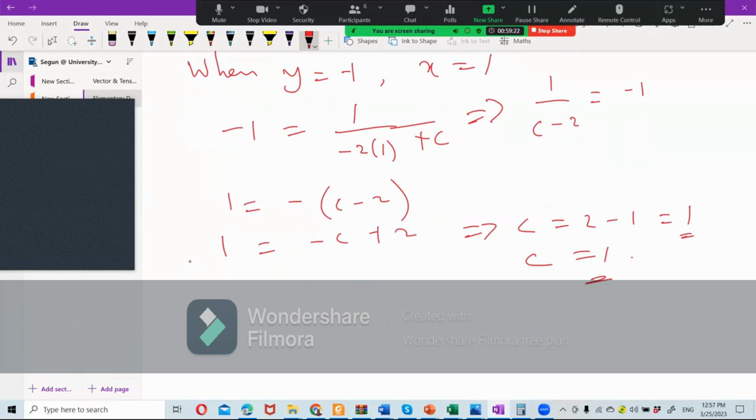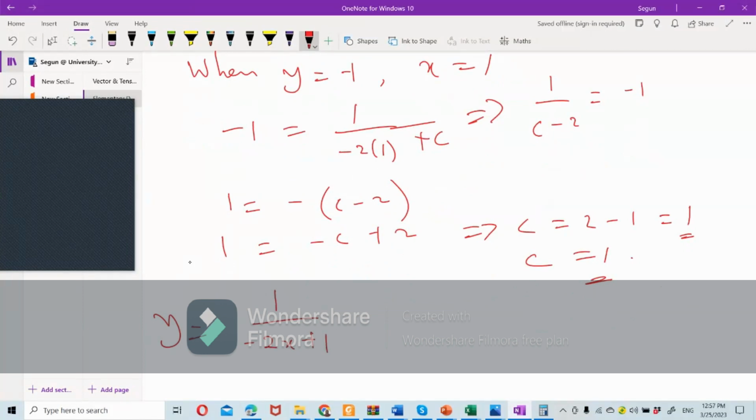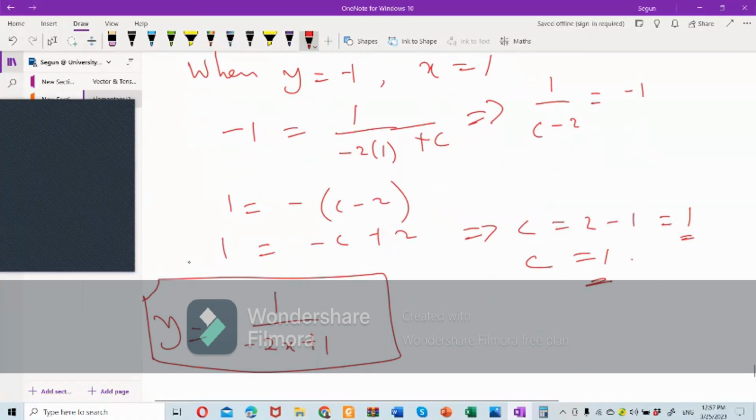So then don't forget your y is 1 all over minus 2x plus 1. That is your y. The question says, what is y when x is equal to 3?